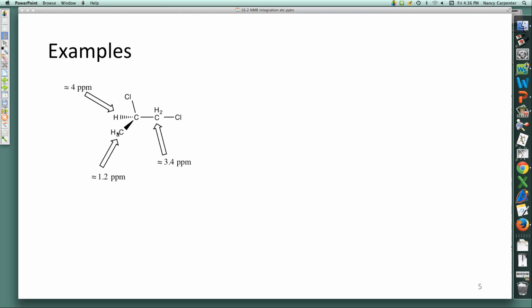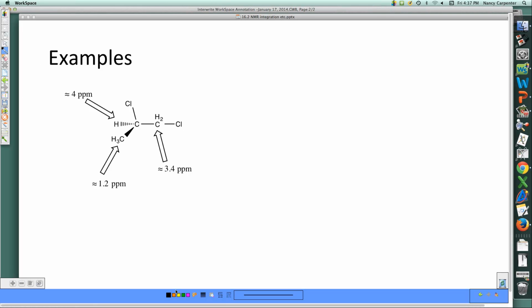So what do we got here? We have 1,2-dichloropropane. A plain old-fashioned methyl group typically shows up upfield around 1 part per million. This is pulled slightly to the left by virtue of the fact that there's a chlorine nearby. The CH2 with a chlorine attached, well, that's pulled far downfield.